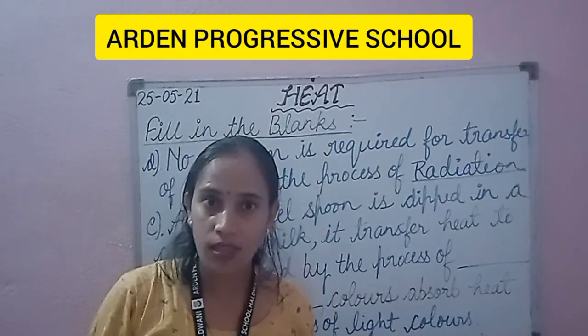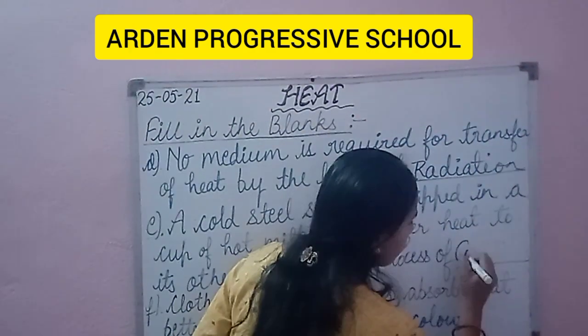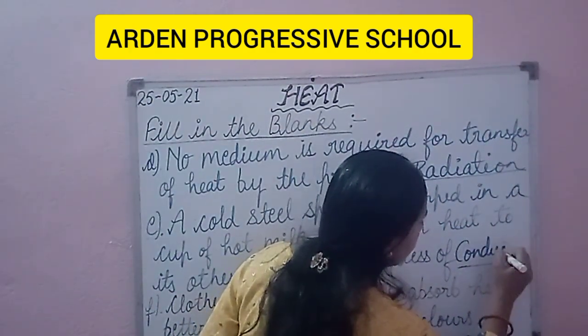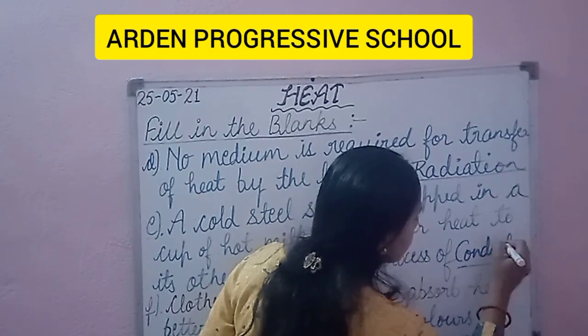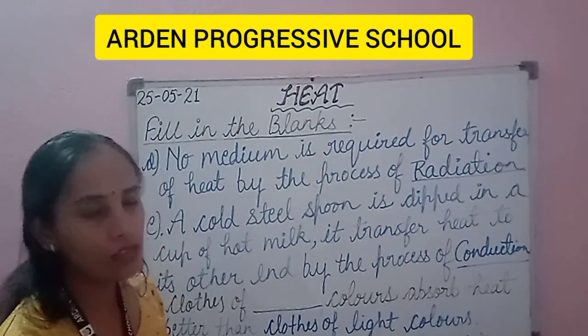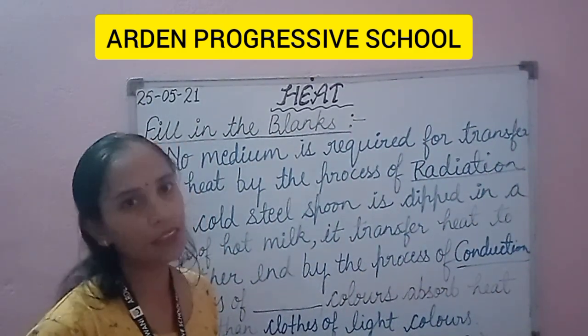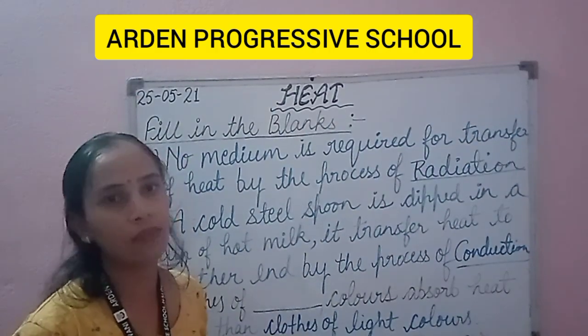So what is this process? This is the process of conduction. We have discussed all these topics clearly in our previous classes, so there is no confusion. What is conduction? What is convection? What is radiation? I hope you all understand this very well.